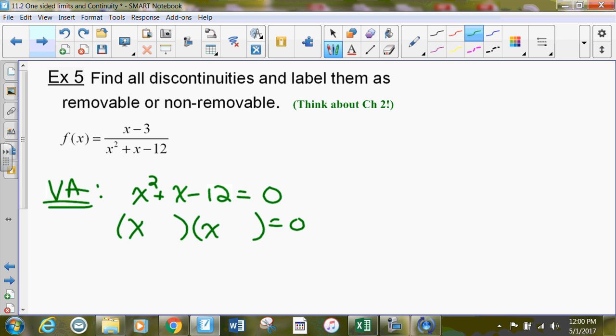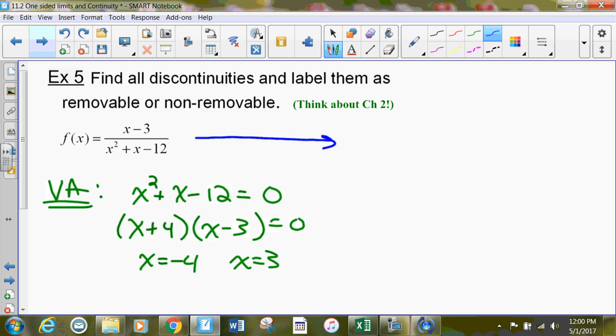We would factor, we'll have a +4 and -3, and we would think that we have two vertical asymptotes at -4 and 3. But then I can hear it through the screen. Ms. Overby, simplify. All right, let's simplify. If we simplified this function, look what happens.